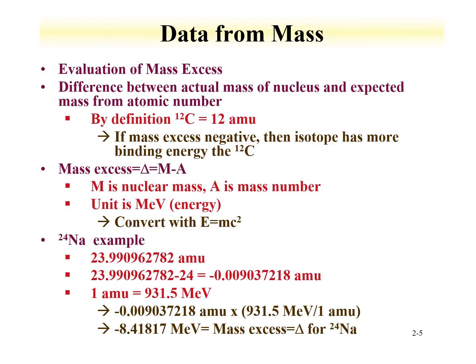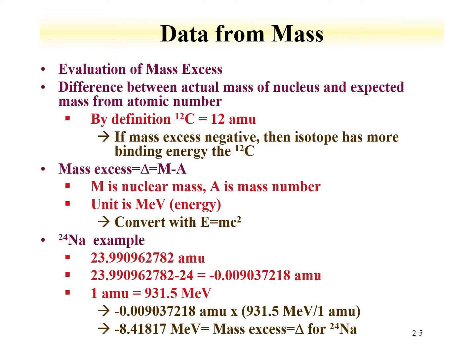From the first introduction of this lecture, we said that mass is going to be an important consideration in determining nuclear properties. So look at it this way. We can evaluate the mass of a given isotope. And what's the difference between the actual mass of the nucleus and the expected mass from the atomic number?